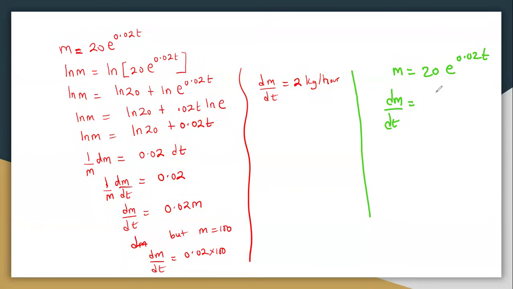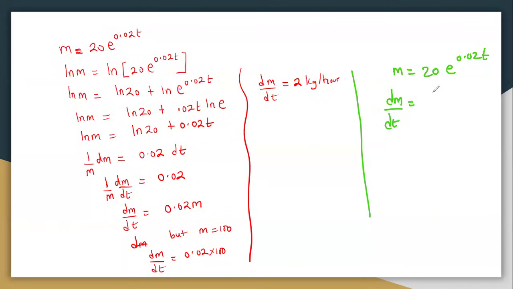Then I differentiated this, I bracketed out the 0.02, then I differentiated the e^(0.2t).